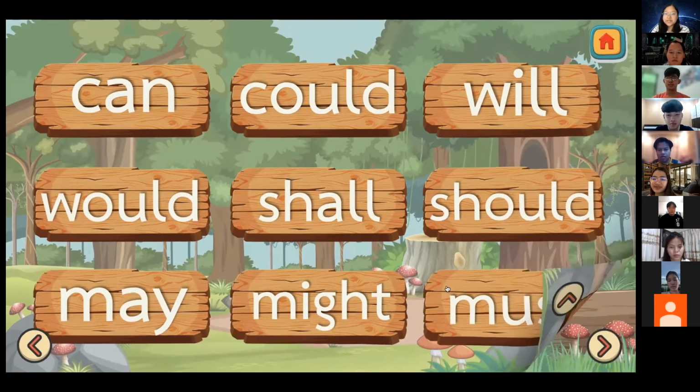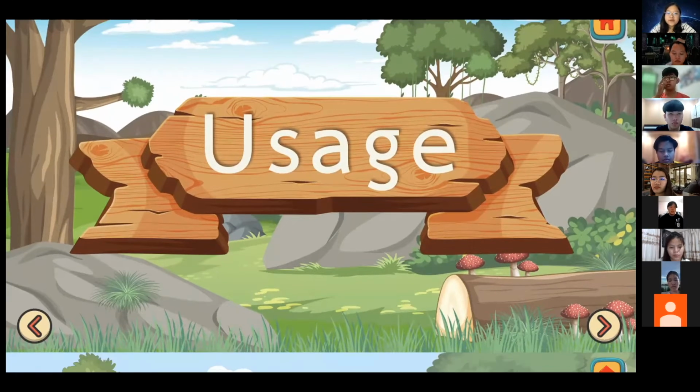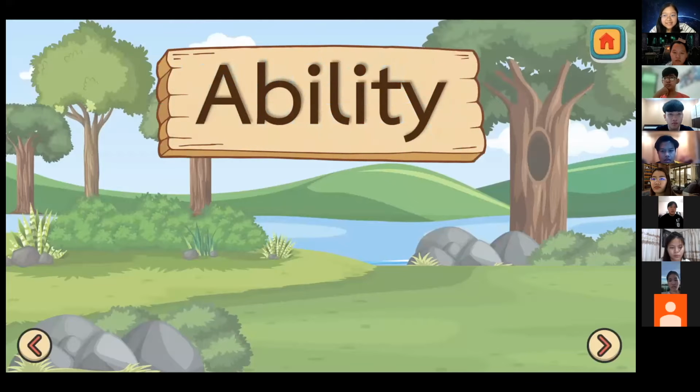Let's move to their usage. When do we use these words in any situation? The first situation is when you talk about ability. Ability is when you want to tell someone about your talents, something that you can do.